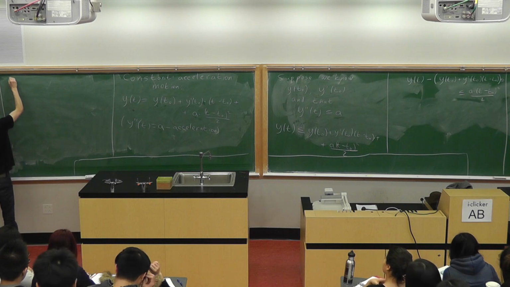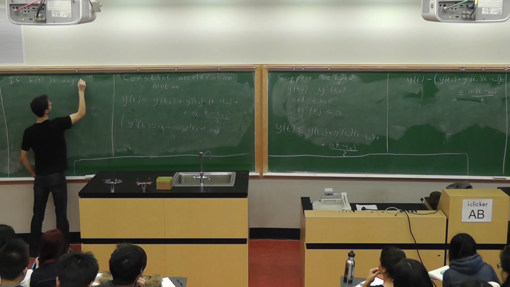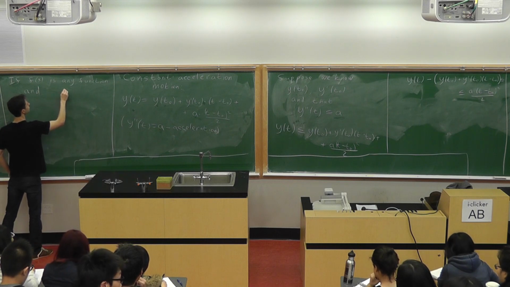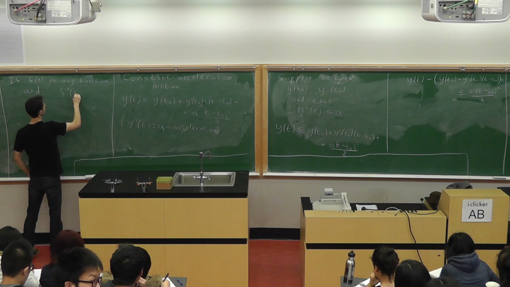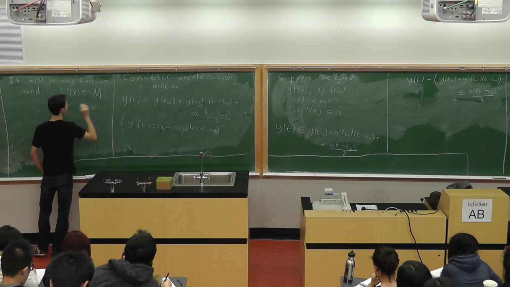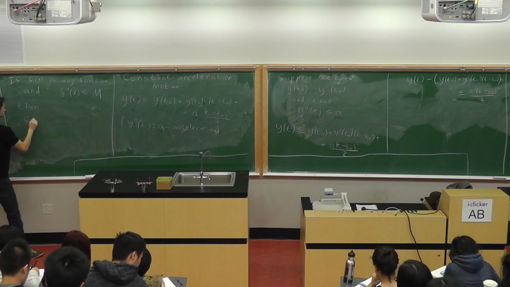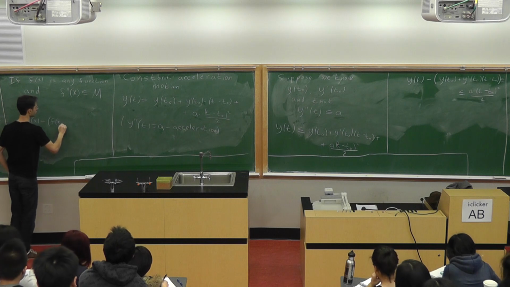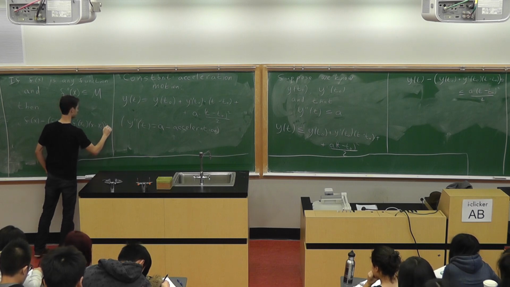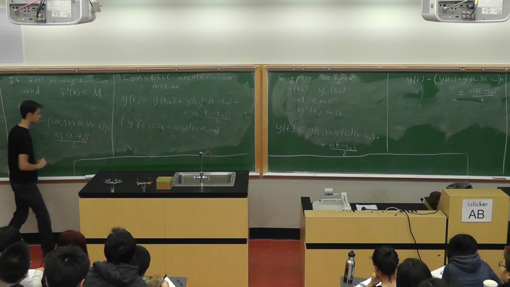If f of x is a function and f double prime of x is smaller or equal than some number, I'll call it m this time, then f of x minus (f of x naught plus f prime of x naught times (x minus x naught)) is at most m times (x minus x naught) squared divided by 2.